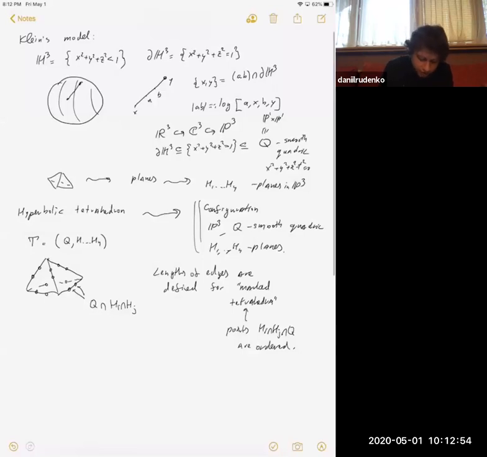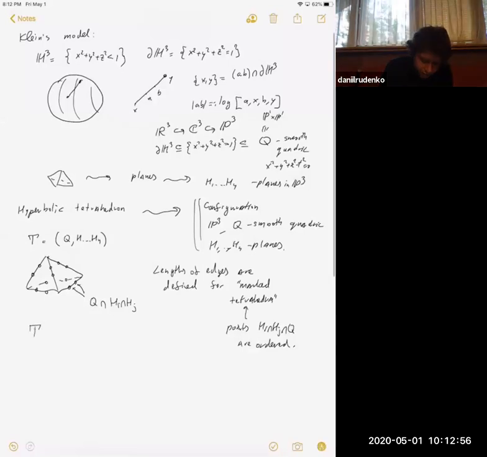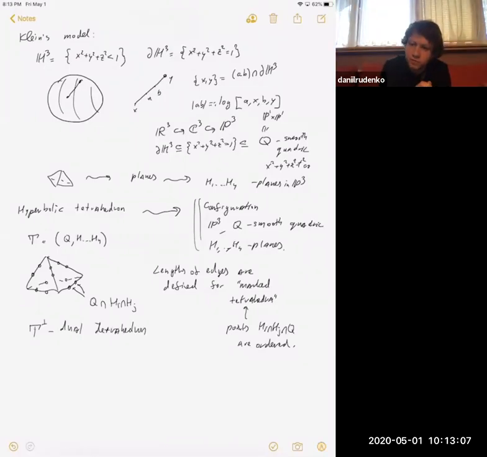For a tetrahedron, there is a well-defined dual object. T perp will be the dual tetrahedron. This is obtained when one substitutes each vertex with the plane which is polar to it with respect to the quadric. Then one can define angles of the original tetrahedron as lengths of edges of the dual. In this way, one gets this algebraic geometric notion for which all the statements hold.